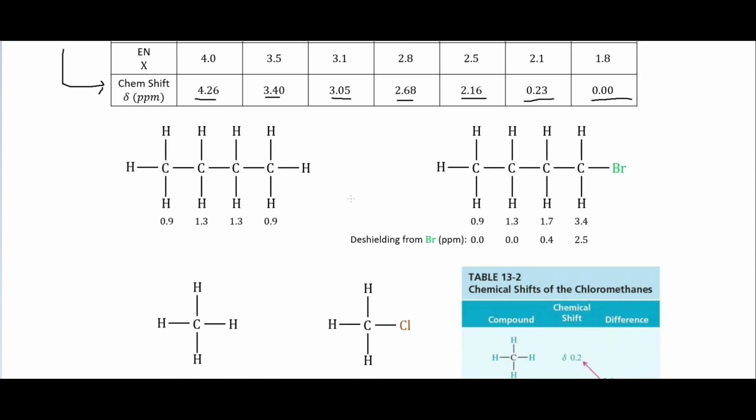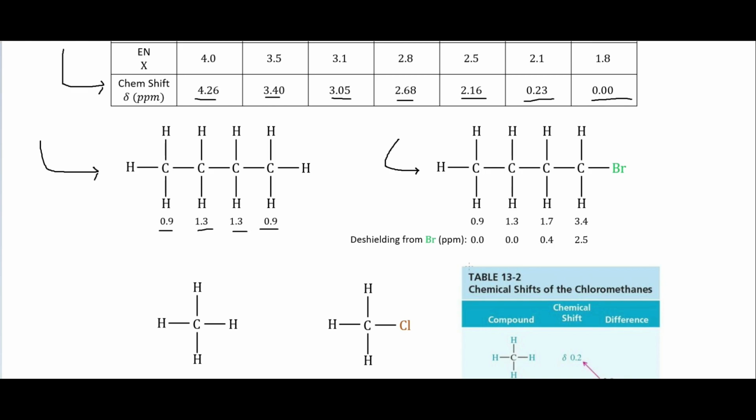And so we can see here, if we compare this, so we just have a butane on the left right here, then we have a 1-bromobutane on the right here. And so we can see the shift for these protons. So on the two sides right here, it will be 0.9. The ones in the middle will be 1.3.